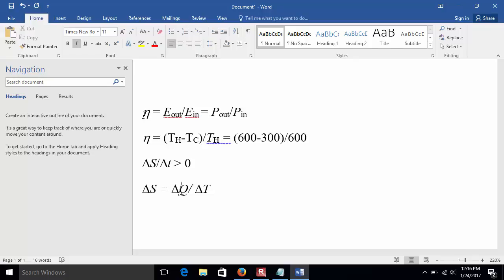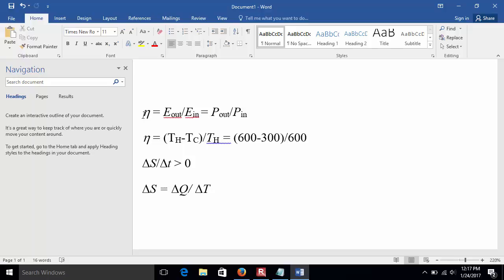Just to define entropy more clearly, it's the change in heat over the change in temperature. So, for example, when my gasoline goes into my engine, it's going to come in cold, and it's going to go out hot.